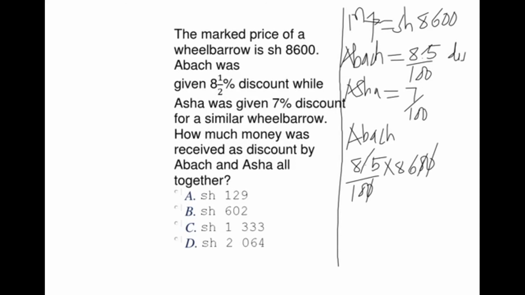So we remain with 85 times 86 all over 10. So we have 86 multiplied by 85.